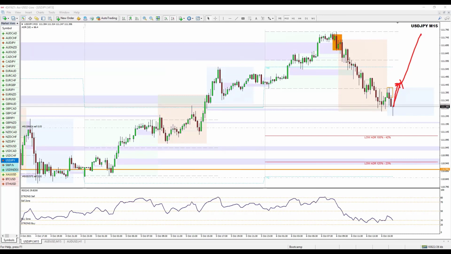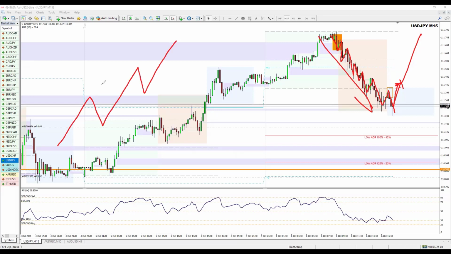You can see as price moves down, it pushes down, pulls back slightly, pushes down, pulls back, down, up, down, up. We see this happening on all time frames. This is what we call market structure. Market structure is a series of new highs and lows in one direction.